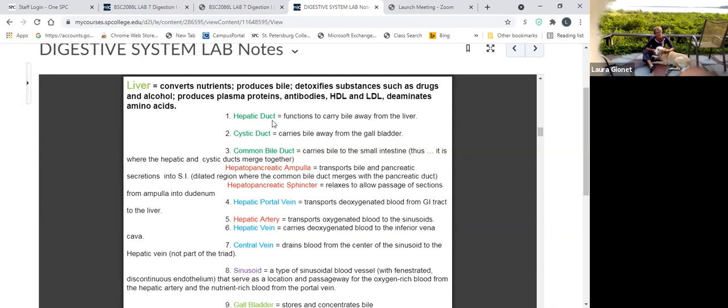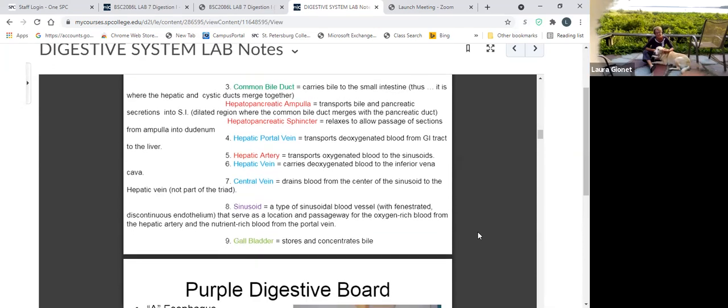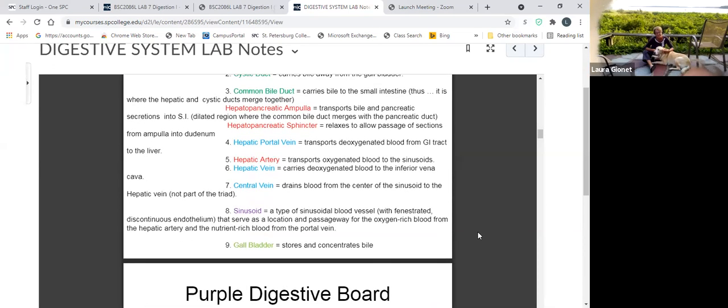We have the hepatic duct, which transports bile from technically a right and left hepatic duct, because you have a right lobe and a left lobe of your liver. They merge to form a common hepatic duct. It merges with the cystic duct to form a common bile duct. Hepatopancreatic ampulla, the sphincter, the hepatic portal vein, hepatic artery, hepatic vein, the central vein.